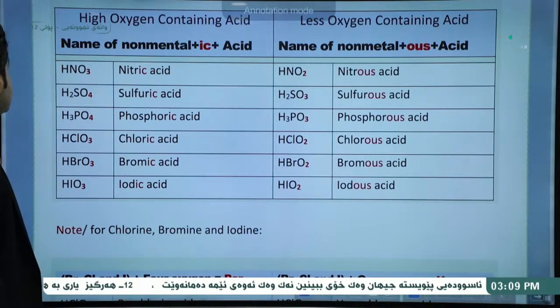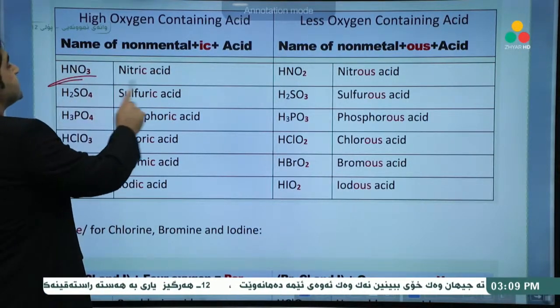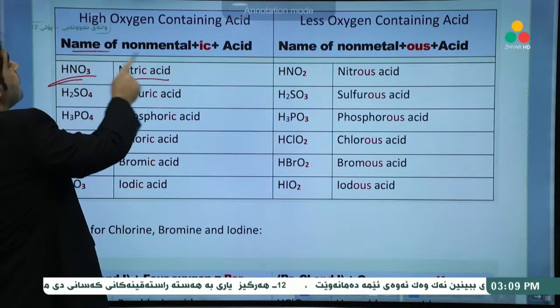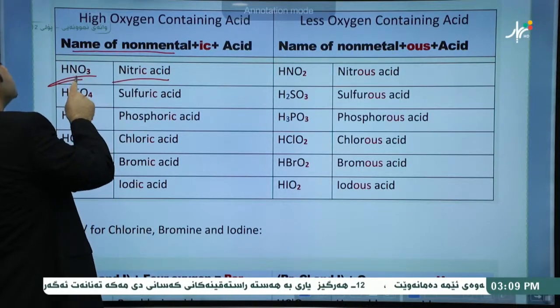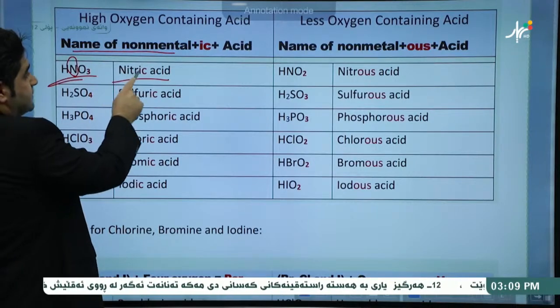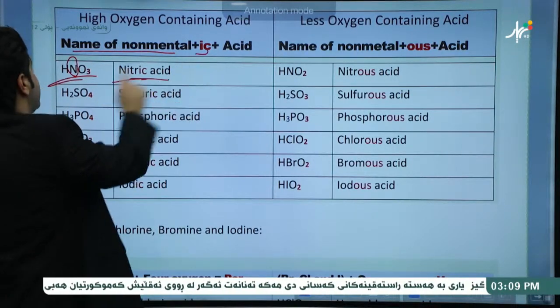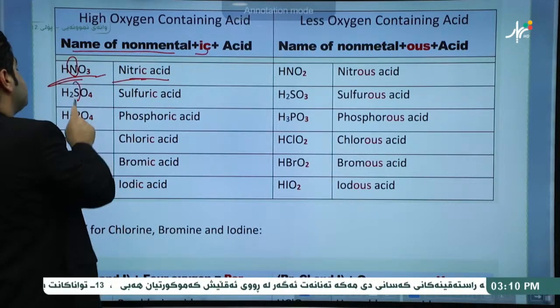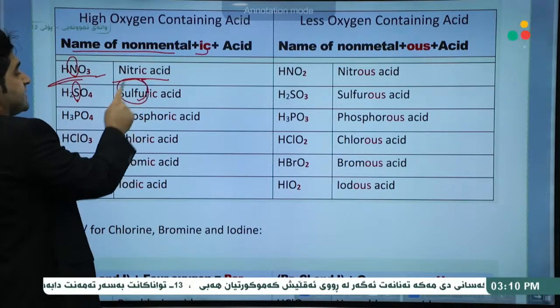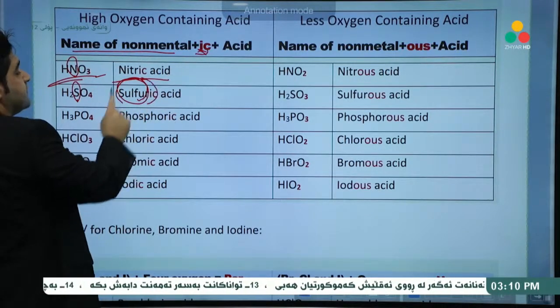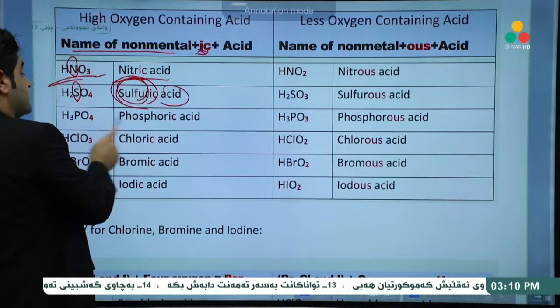For example, HNO3 is nitric acid: name of the nonmetal, nitrogen, plus ic, nitric acid. Sulfur plus ic, sulfuric acid.